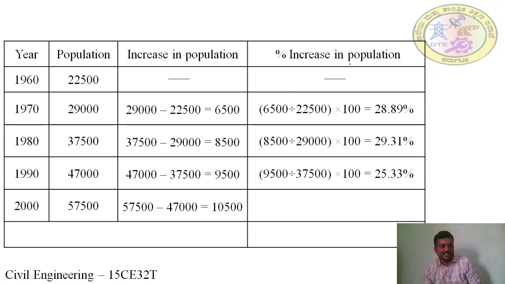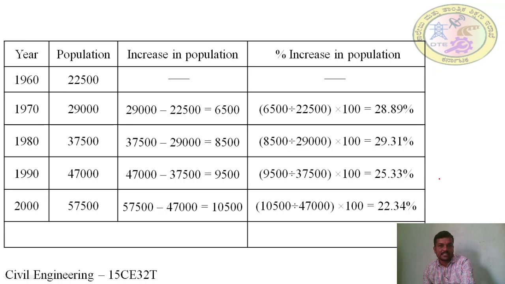The percentage increase in population for the decade 2000 is the increase in population in 2000 divided by the population of 1990, that is equal to 10,500 divided by 47,000, which works out to be 22.34%. So after calculating percentage increase in population per decade, we need to calculate the average percentage increase in population.